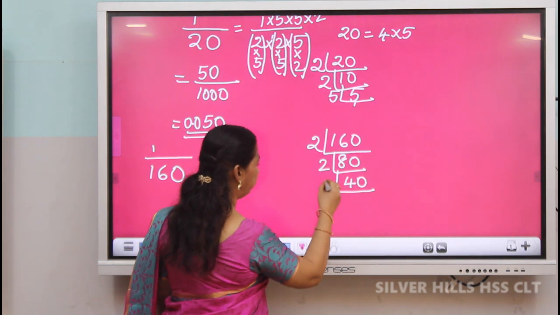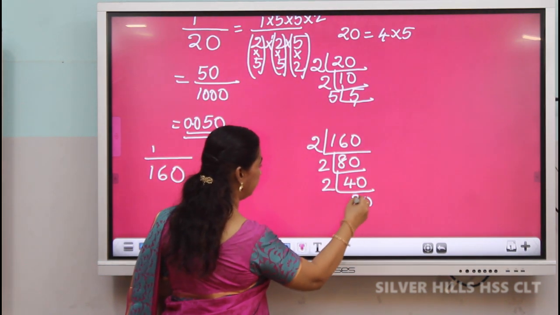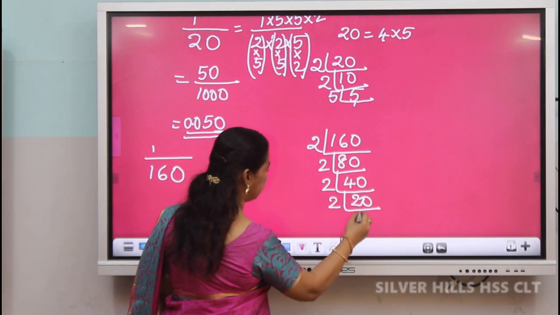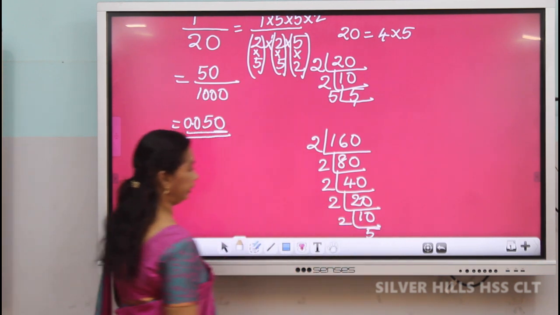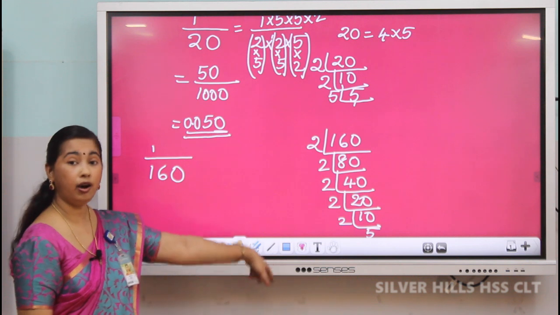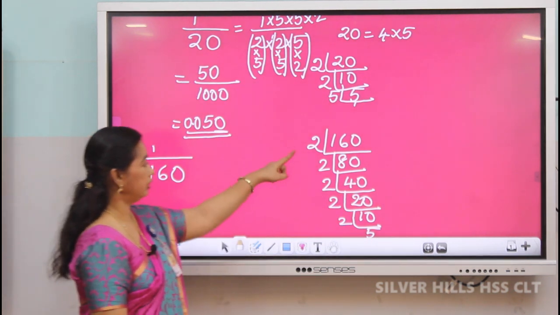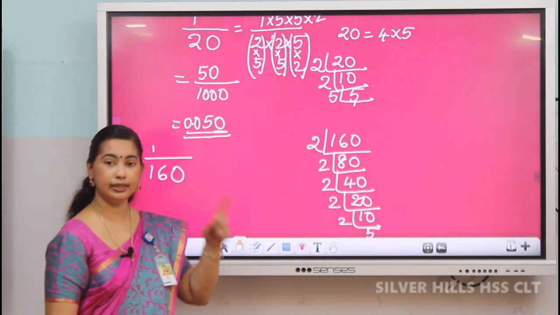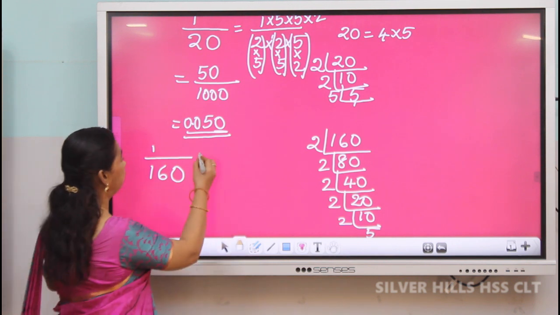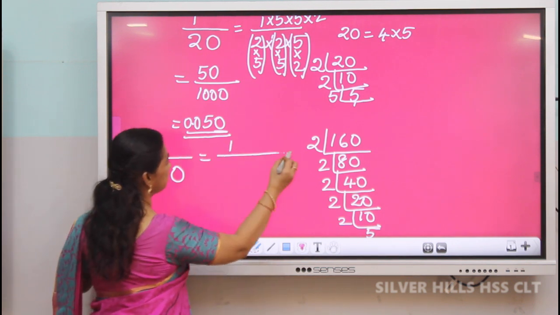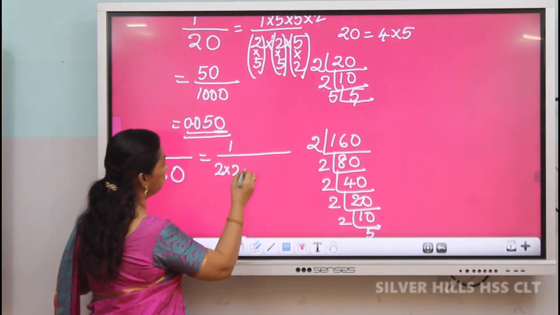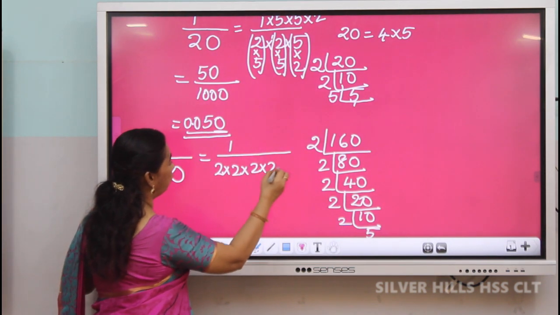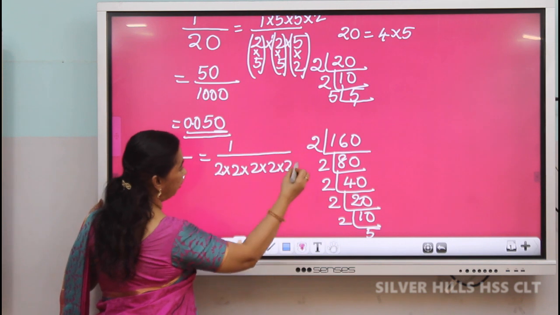Once again factorizing, you will get it as 20. Next you will get it as 10. Next, if I am doing with 2, I will get it as 5. So, you can see how many 2's there are: 1, 2, 3, 4, 5 2's and 1 5. So, the denominator I am writing as 5 2's, 1, 2, 3, 4 and 5, and 1 5.